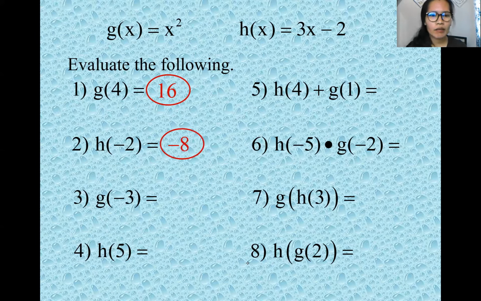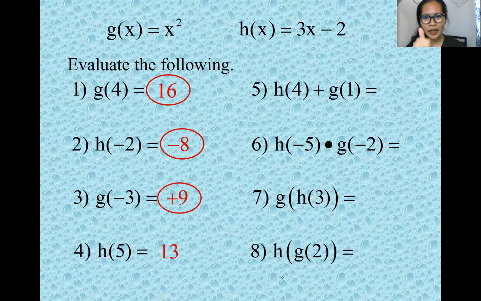G of negative 3. So our focus is on g of x is equal to x squared. So that would be negative 3 squared. Negative 3 times negative 3, the answer is equal to 9. Then how about number 4? H of 5. So 3 times 5, 15, minus 2, the answer is equal to 13.